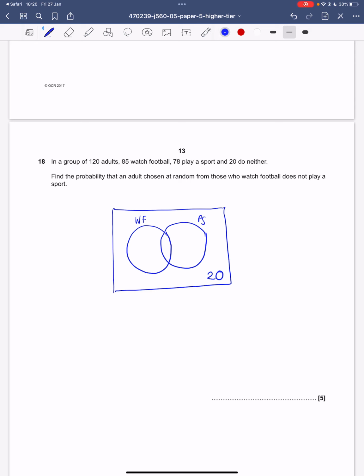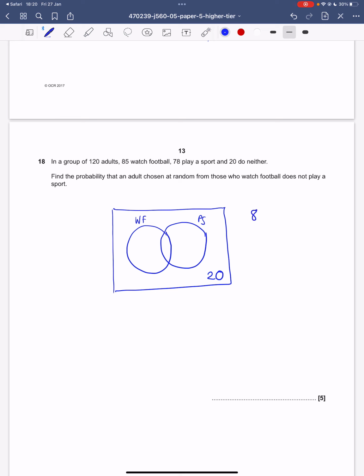Because they're not in watch football or play sport. So the numbers in here: this is just watch football, this is just play a sport, and this is do both. Now these three numbers have to add up to 100 because we've got 20 that do neither, so we've got 100 left over.